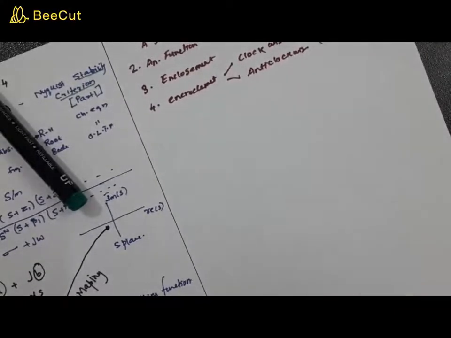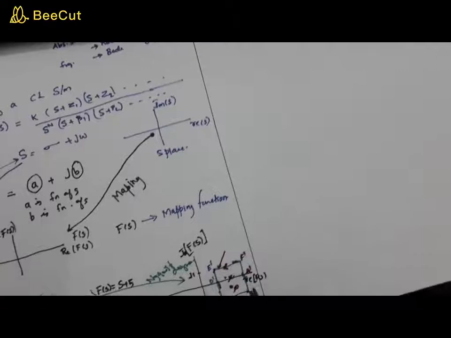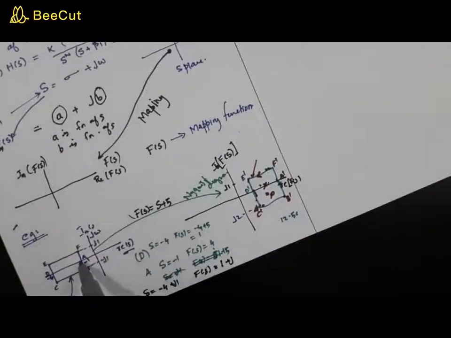You might be wondering what the meaning of clockwise and anti-clockwise is. Suppose this direction is A to A. That means this particular thing has a direction.